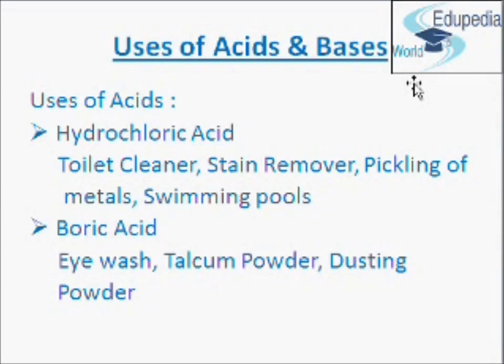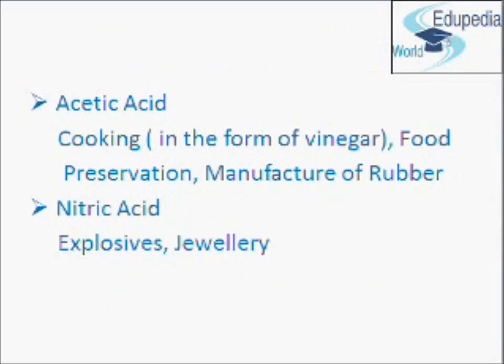The next acid is boric acid. It is used in eye wash, talcum powder and dusting powder. Now acetic acid. Acetic acid is used in cooking in the form of vinegar. It is used in food preservation and manufacture of rubber. Nitric acid is used in explosives and jewelry.